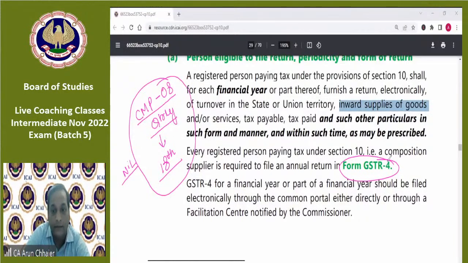Next, we need to furnish GSTR 4, but that is annually. What is the due date? Due date is the 30th day of the month following the end of the year. So 30th April would be the due date.